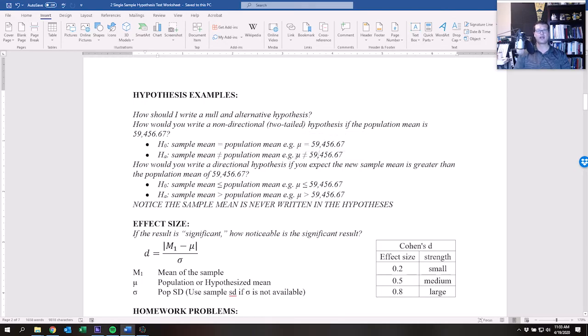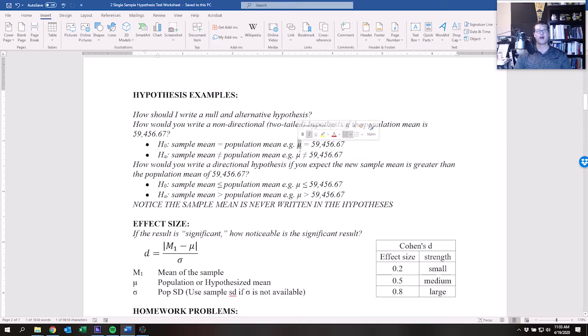And so this is how you'd write the alternative hypothesis. The null hypothesis says there is no difference between the sample and the population. There's no difference between the sample that is being representative of a point estimate of a population.